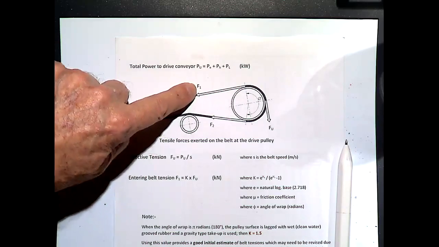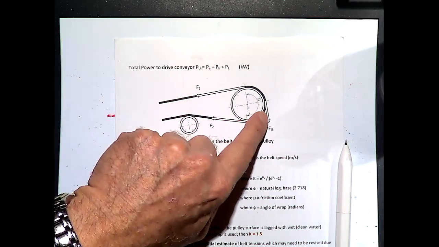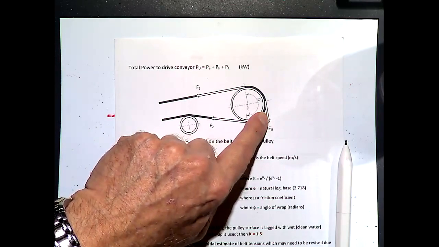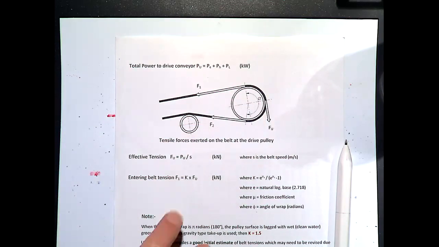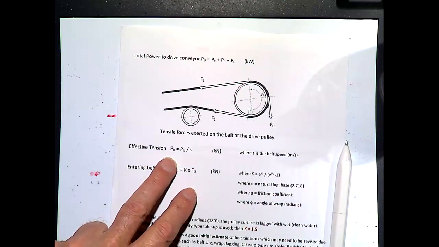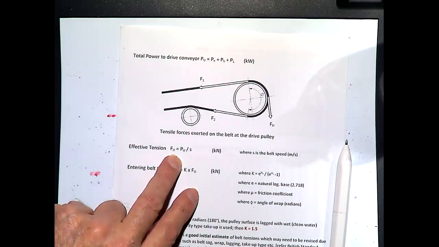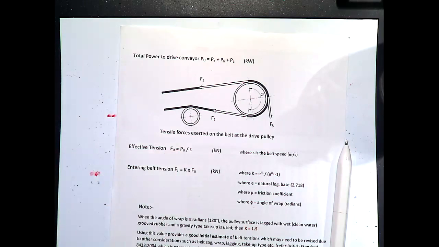So the F1 here is your T1, this is your T2, and this was the TE. Quite often they talk about the equivalent tension to get it to drive, but they call it FU here. So FU, we've already worked out, oh, no, we haven't yet, have we? Because here we've got TE, or sorry, that should have been changed to FU, but it's 115, because remember, that was 115 kilowatts.